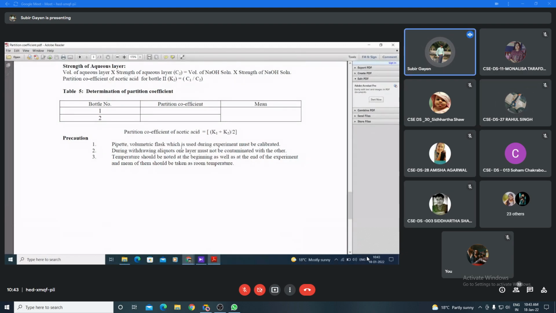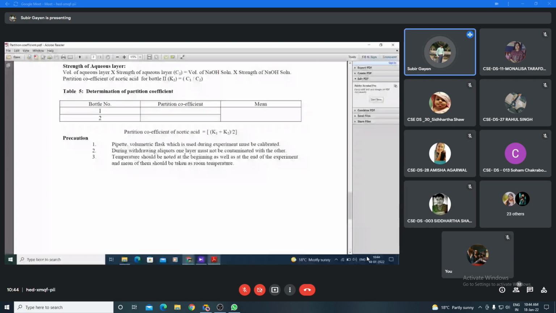Precaution: the pipette and volumetric flask which we will use during this experiment must be calibrated and must be cleaned very well. While handling any liquid, that means any layer, it must not be contaminated. I already told you that otherwise the value will be wrong, that means the experiment will be wrong, and you will not get the actual reading.